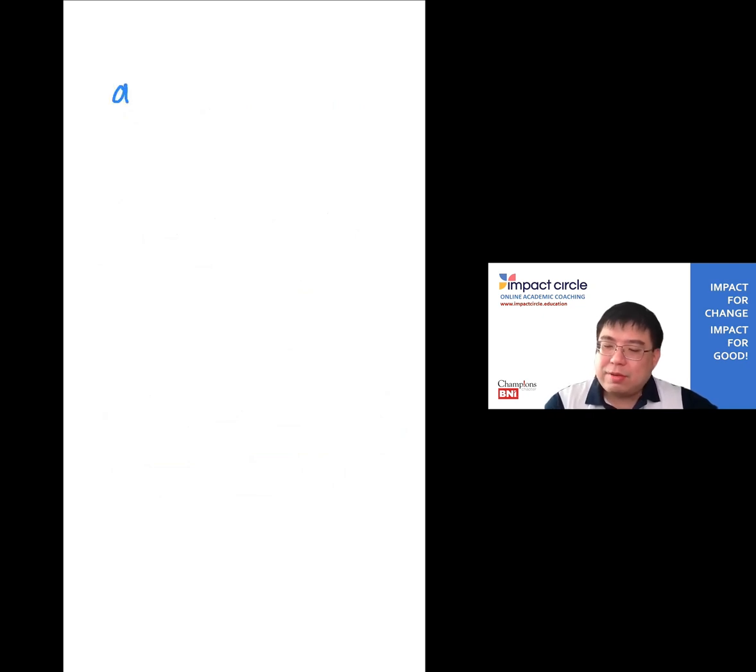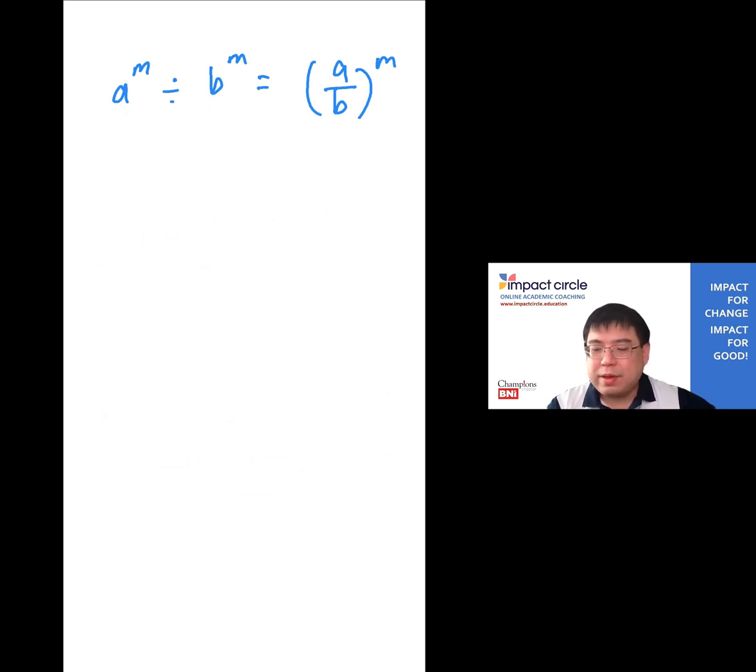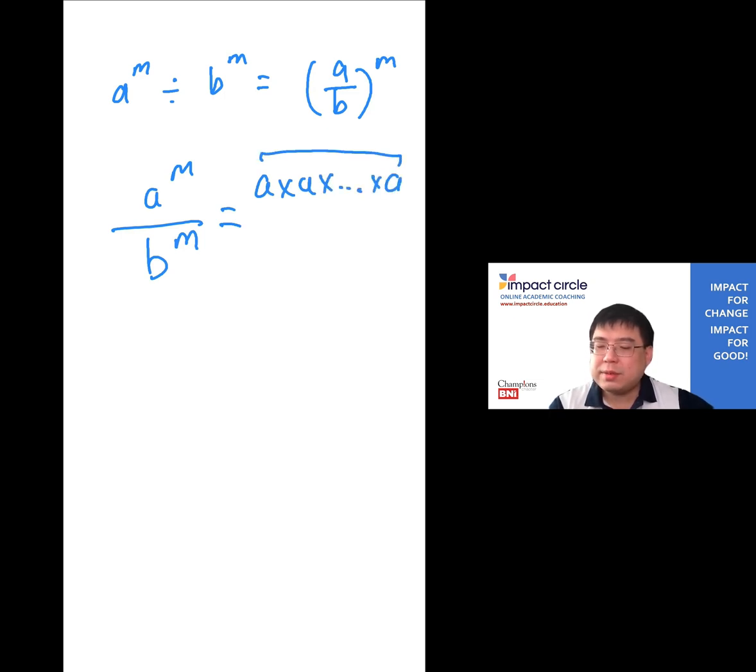Similarly, we have a to the power of m divided by b to the power of m will be equal to a over b to the power of m. And the proof is pretty much the same. We have a^m over b^m. On top, we have a times a times a and so on, m copies.